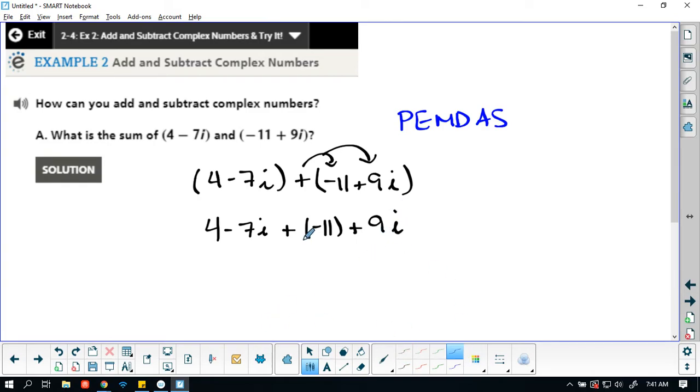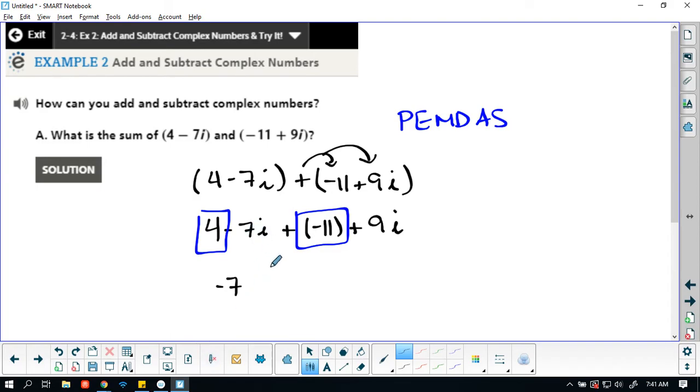Now, just like you would do for variables, you're going to do the same thing for imaginary. We're going to combine like terms. So I'm going to combine my real components: 4 minus 11 is going to be -7.